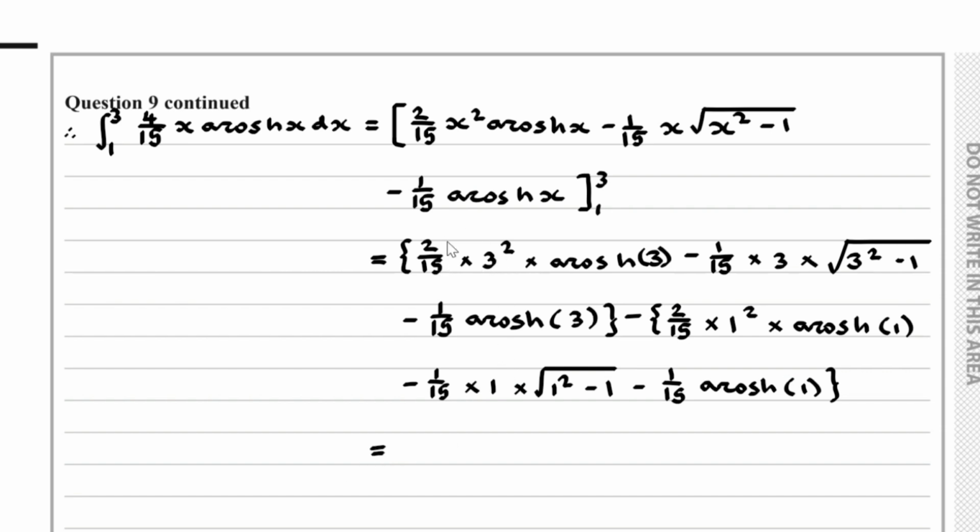So we've got 9 times by 2 over 15 minus, which is 18 over 15, minus 1 over 15, so that's 17 over 15, and then we've got the inverse hyperbolic cosine of 3, and then we've got here 3 times by root 8 divided by 15, so that's minus 2 root 2 over 5.